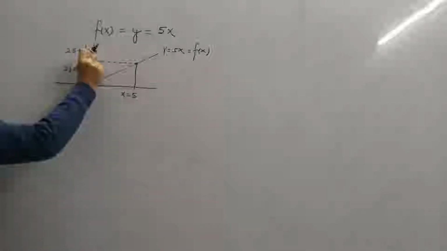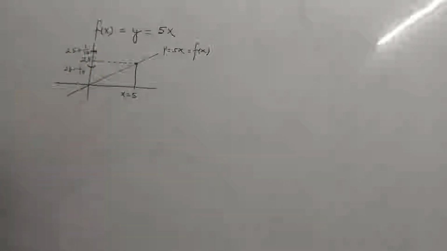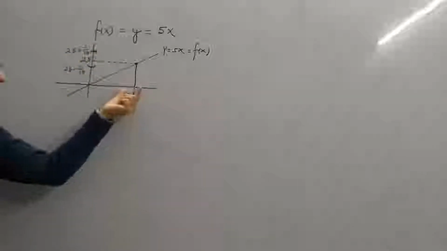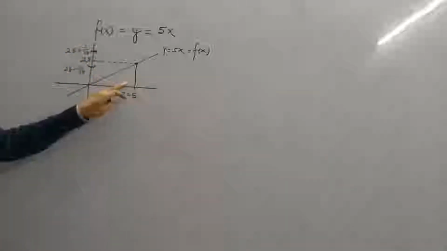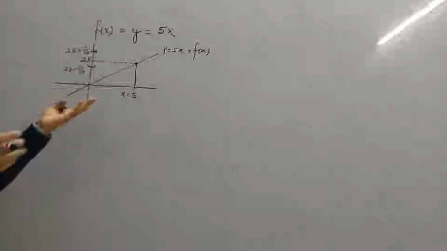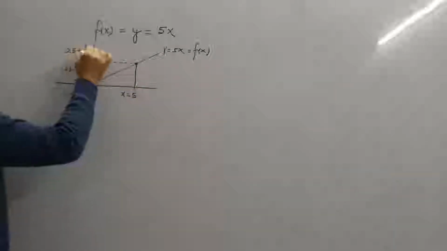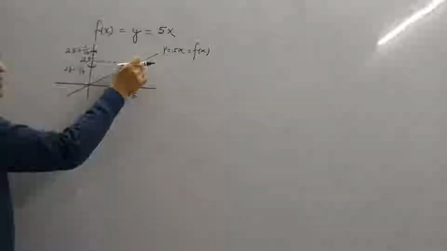Now my question is that corresponding to this neighborhood, can we generate a neighborhood here, so that if I give you the values from here, you get the values from there?